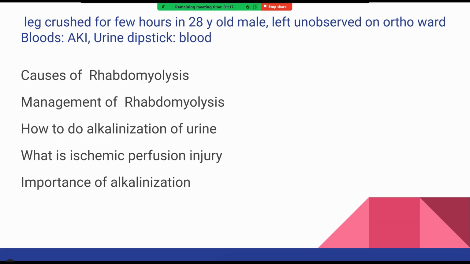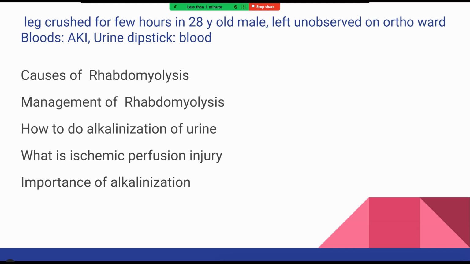So when alkalization has occurred, the casts that would block the tubules and give rise to renal failure will be prevented by preventing acidosis in the renal tubules.